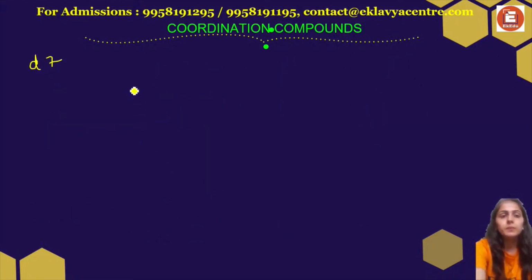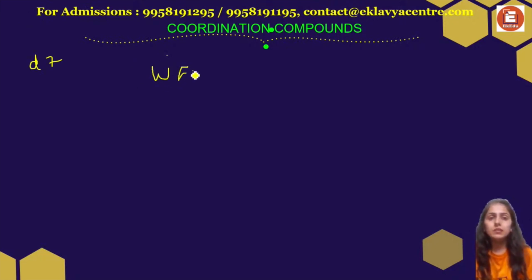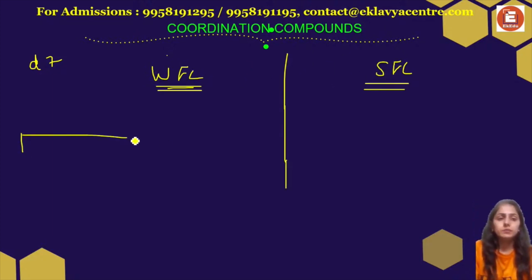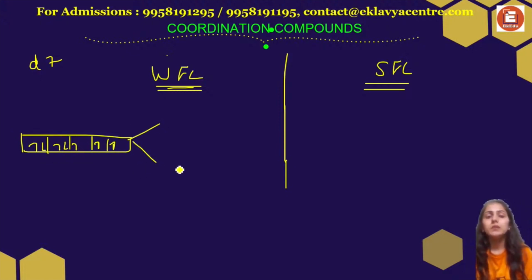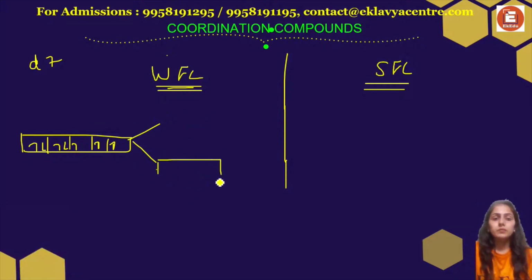Next, D7. Last case. Weak field ligand and strong field ligand. We have 7 electrons. What happens in weak field ligand? 1, 2, 3, 4. This is T2G and this is Eg.